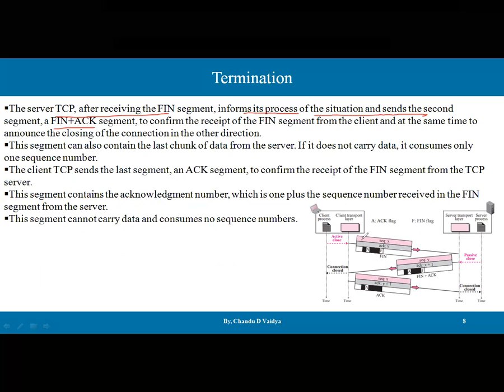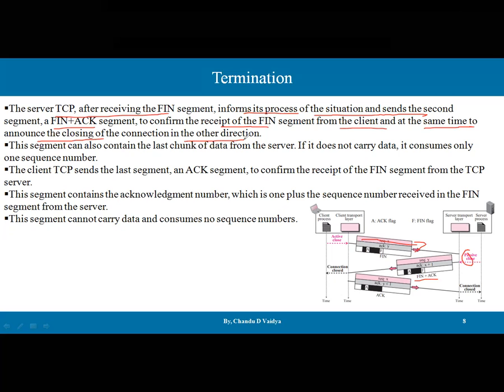So after the FIN from the client side, the server responds with FIN plus acknowledgement, to confirm the receipt of the FIN segment from the client, and at the same time to announce the closing of the connection in the other direction.